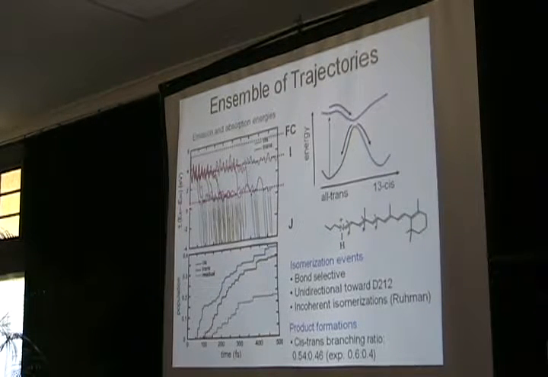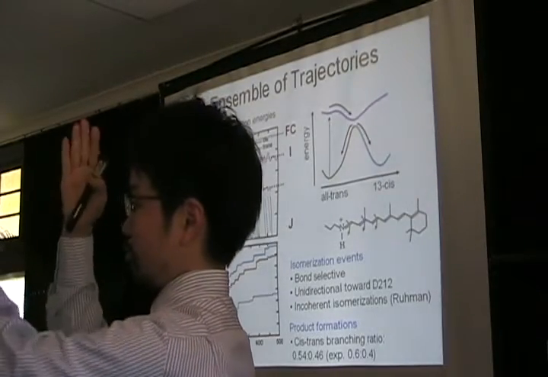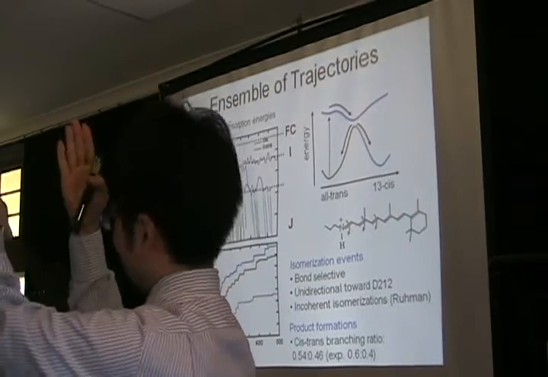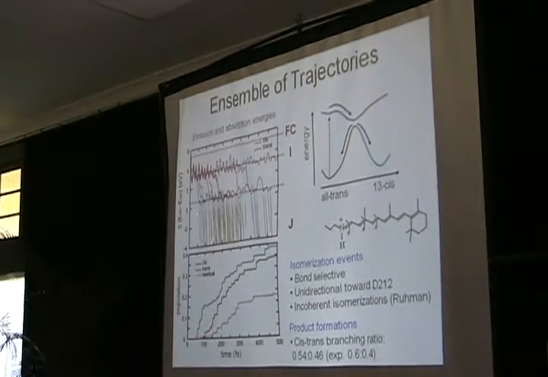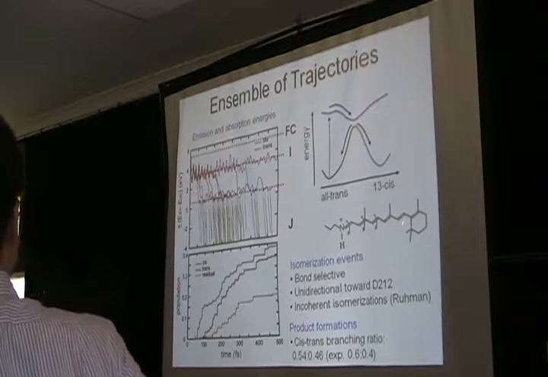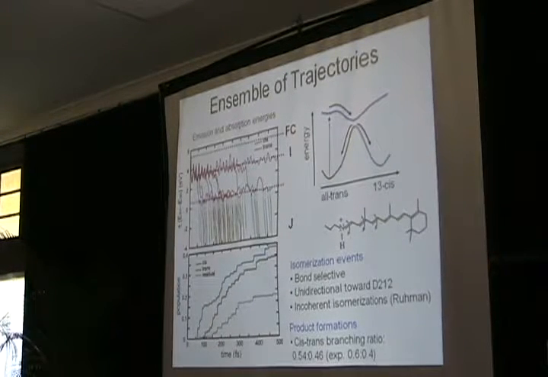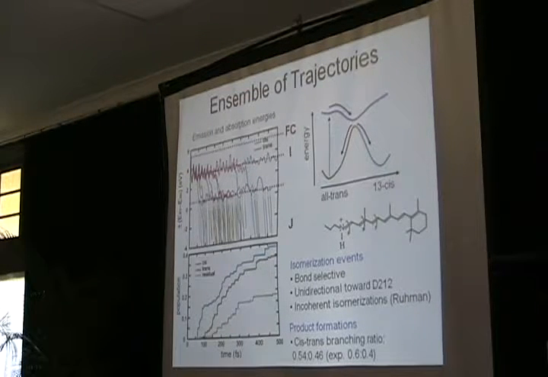And here is the crossing region, where the rotational angle is almost perpendicular. After the crossing, some trajectories go to 13-cis and some go back to all-trans. So in this simulation, we found that photoisomerization is really non-selective.